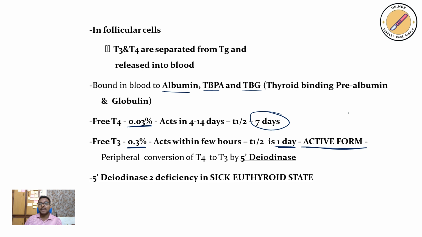That is why whenever thyroid hormone is going to act on the periphery, T4 will get deiodinated to T3 at the periphery with the help of an enzyme called deiodinase. Okay, right. And this deiodinase is of two types, deiodinase 1 and deiodinase 2. Important for postgraduates: deiodinase 2 deficiency will result in euthyroid sick syndrome, which is also called sick euthyroid state.